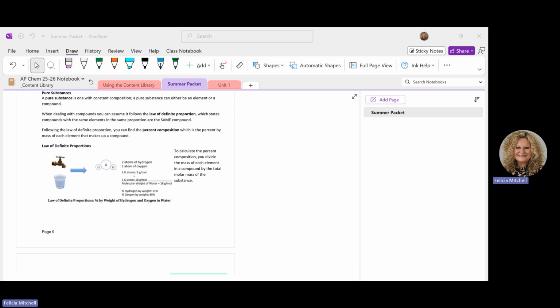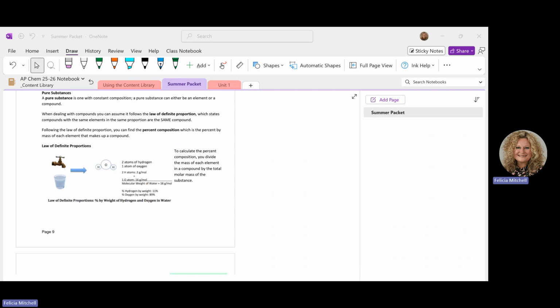Those are just masses I'm getting from the periodic table. You then could say, okay, if I take the 16 grams of the oxygen and do 16 divided by 18, then I would see that of the total mass of this compound, 89% of that mass is due to the oxygen, and then 11% of that mass is due to the hydrogen.